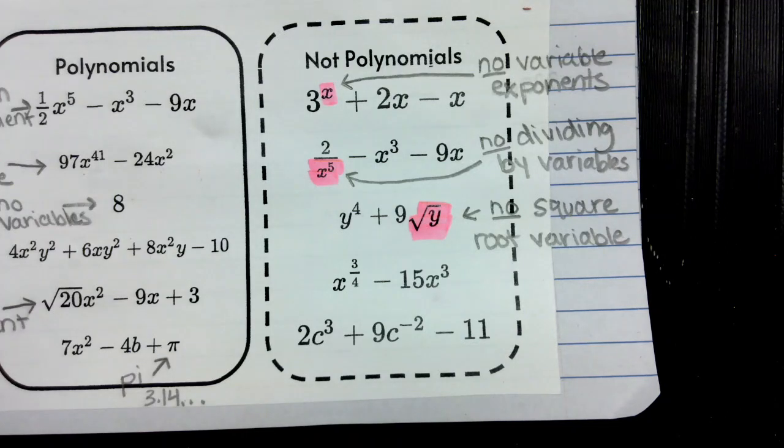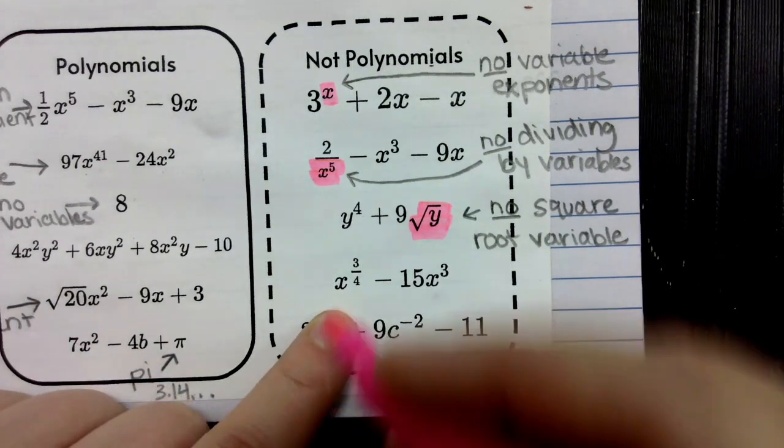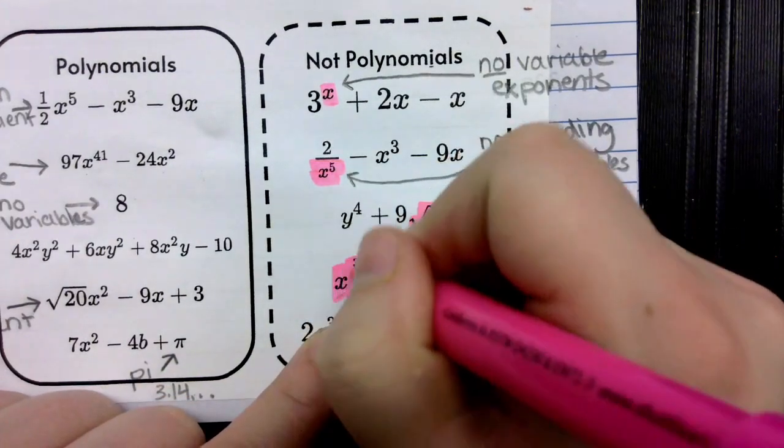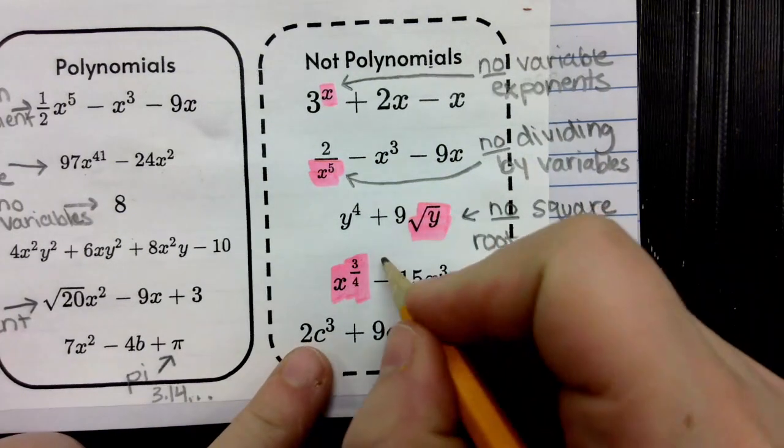Okay? So standard form means that it's written with exponents decreasing. So think about what that means quickly. Written with exponents decreasing. So what are exponents?